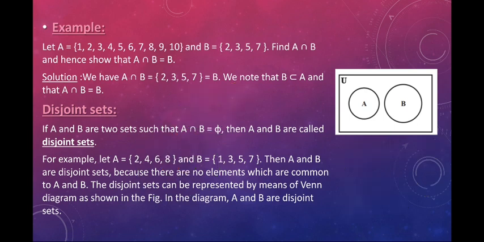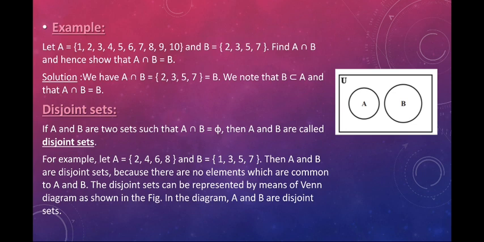Now disjoint set. If A and B are two sets such that A intersection B is equal to phi, then A and B are called disjoint sets.